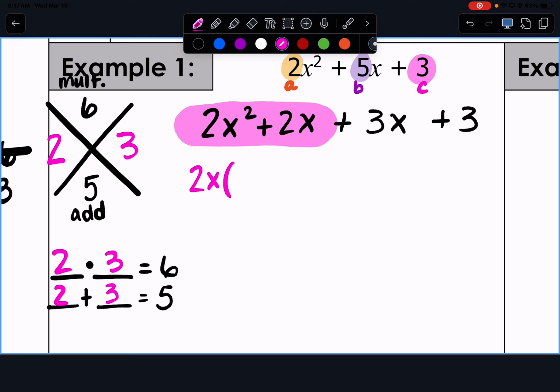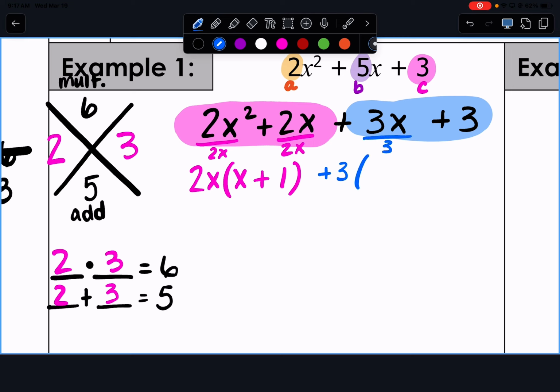When I divide 2x squared by 2x, what do I get? What about 2x divided by 2x? 1. All right, if I group the last two, what's the GCF? 3. 3x divided by 3 is? And 3 divided by 3 is? 1.